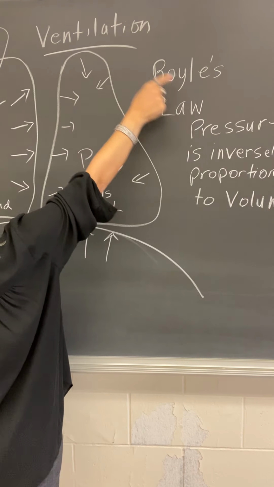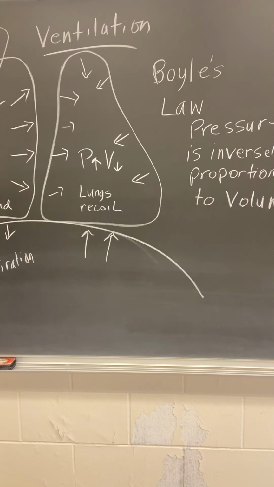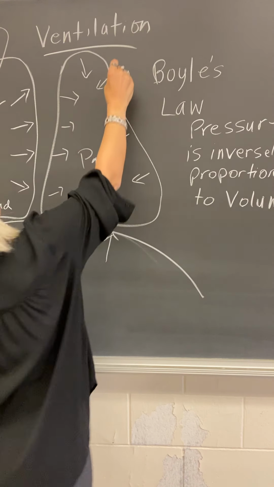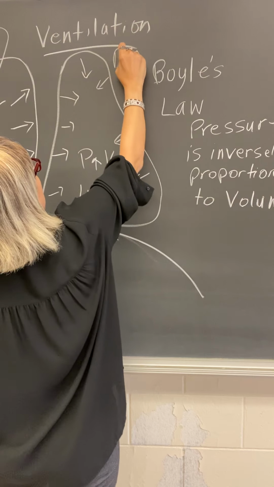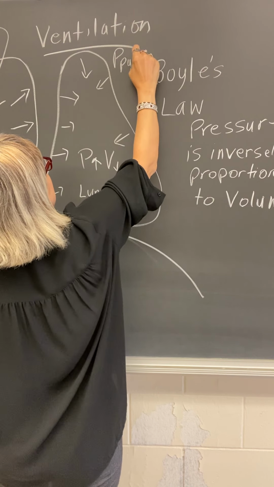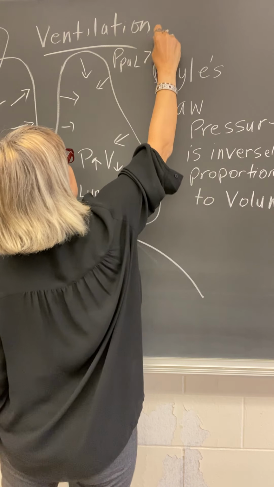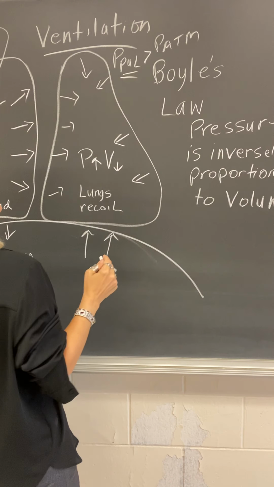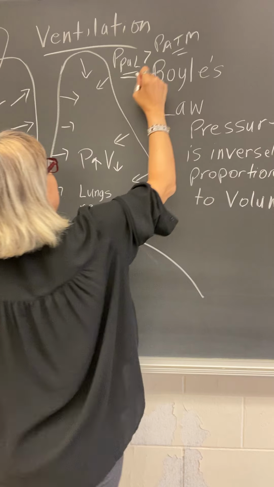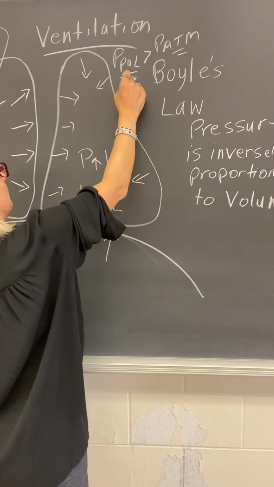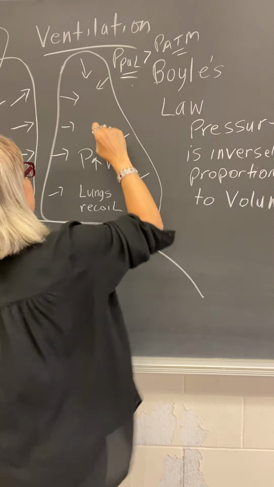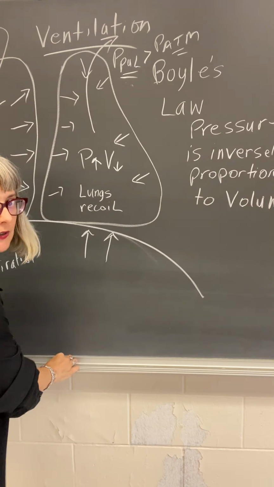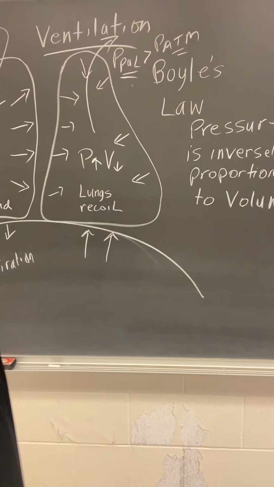Therefore, air flows out. In this case, we have the opposite: PPUL is greater than PATM, meaning the atmospheric pressure is less than the pressure inside the lung, PPUL. So air flows out and we get rid of the CO2. And that's how it works.